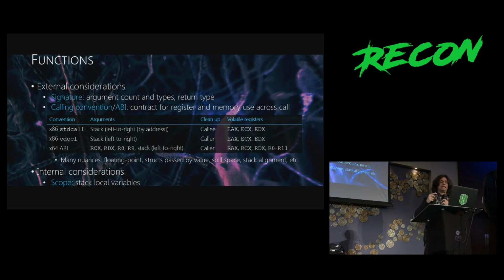Callee cleanup or caller cleanup, the state's going to be the same. And then on 64-bit, we actually pass a bunch of parameters in registers, and then perhaps some on the stack as well. So it's important to be able to infer either from assumption by being on 64-bit Windows, assumption by being on 32-bit Windows, or actually infer by analyzing the function what the calling convention is.